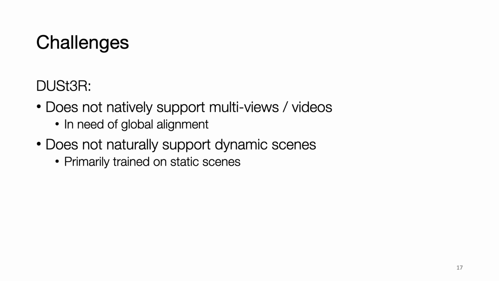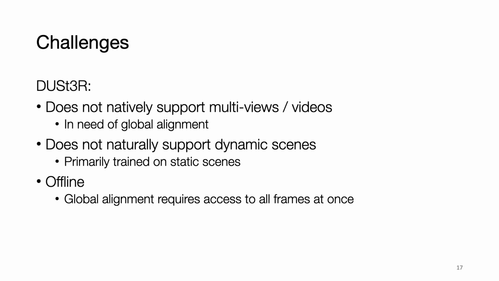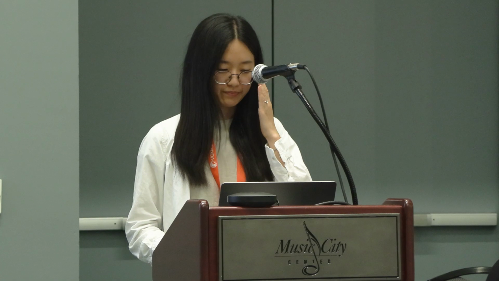It also doesn't really have a focus on dynamic scenes, because the training data is primarily static scenes. And third, you can think of it as offline if there are multiple views, because you need the global alignment, which is an optimization process. It requires having all frames at once, and the optimization also takes some time to finish.